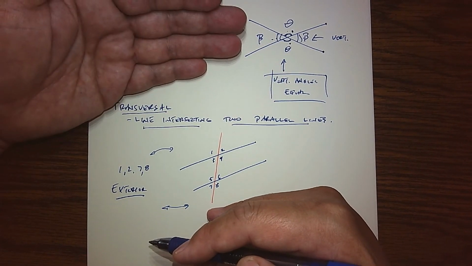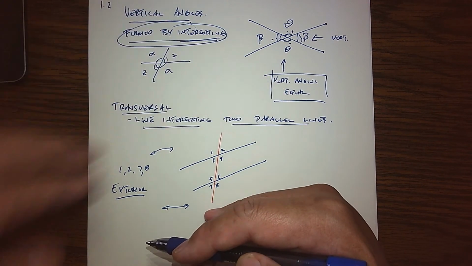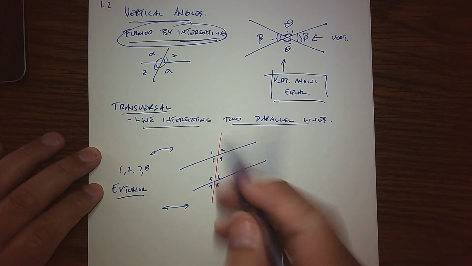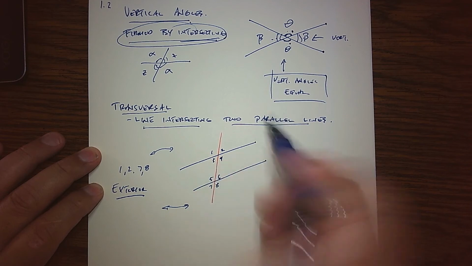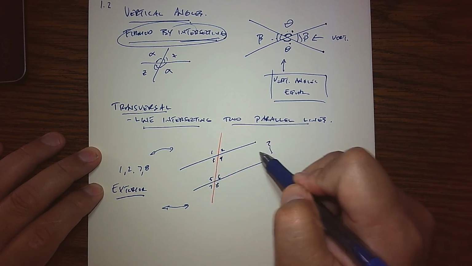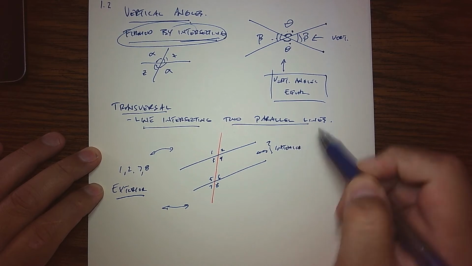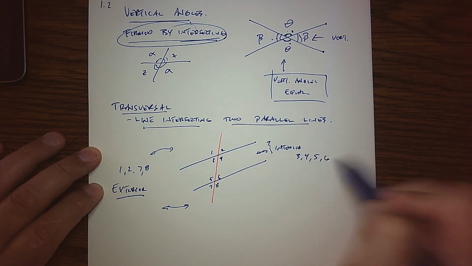So every transversal would create four exterior angles, in this case 1, 2, 7, and 8. Of course, if we're going to call these exterior, then the angles that are inside are called interior. So inside of here, these are interior angles, and what we have there is 3, 4, 5, and 6.